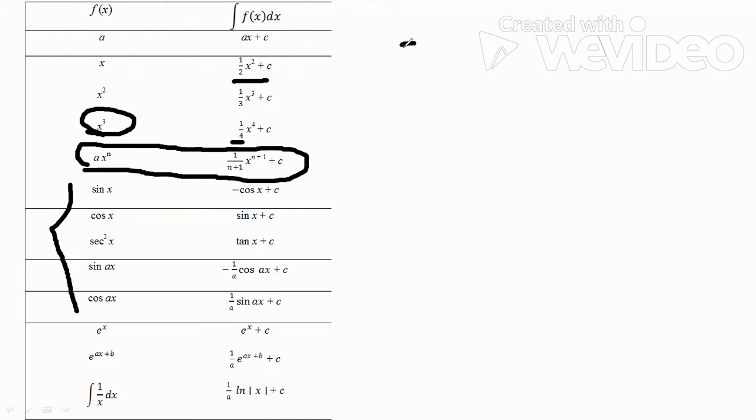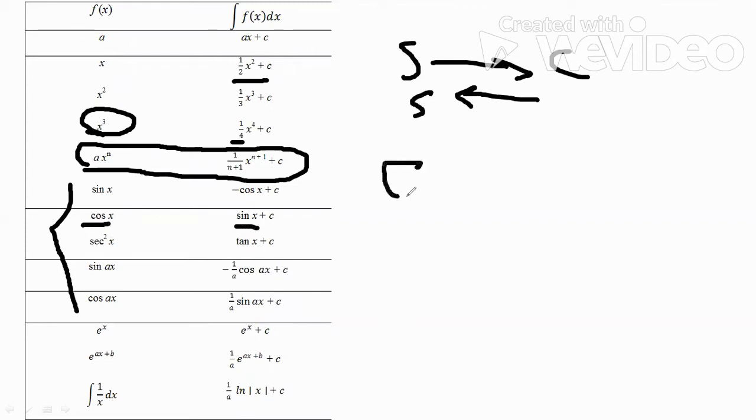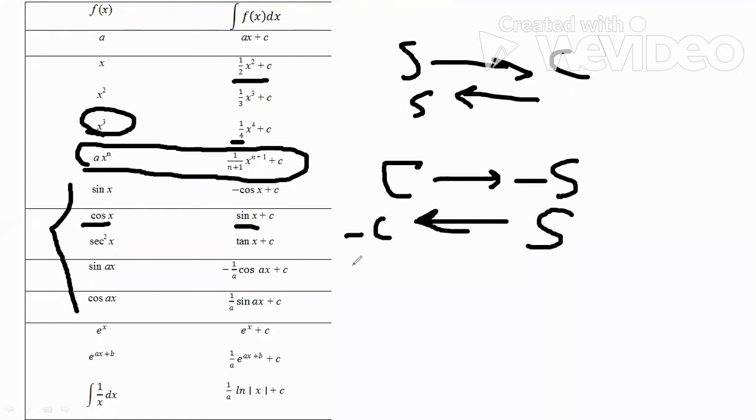When we differentiate cos, we get negative sine. But when we integrate sine, we get negative cos. See there? Integrate sine, we get negative cos.